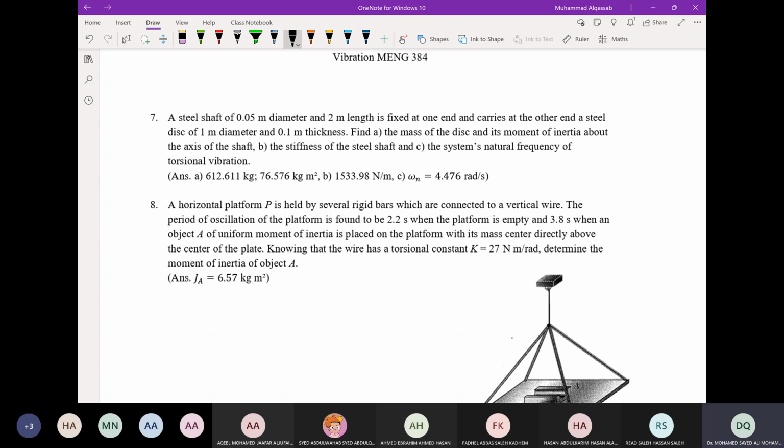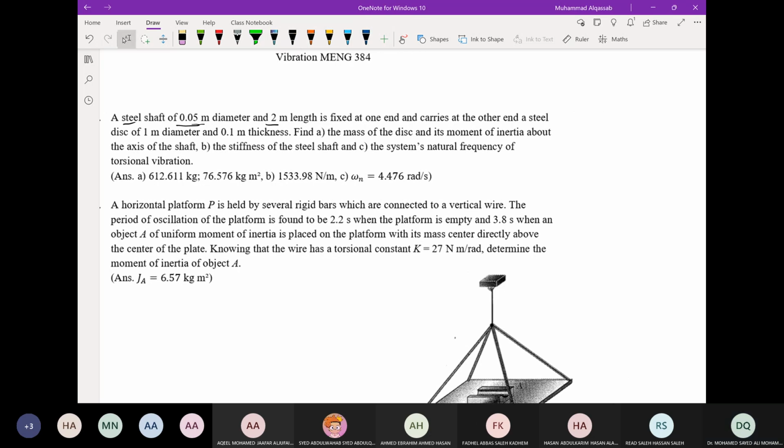So we have information about the shaft: the material, the diameter, and the length. Of the disc, we have dimensions and steel material. It has a thickness equal to 0.1 and a diameter of 1 meter.